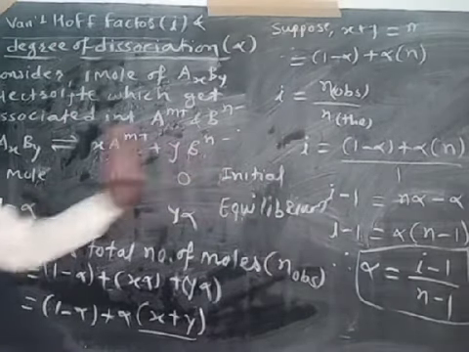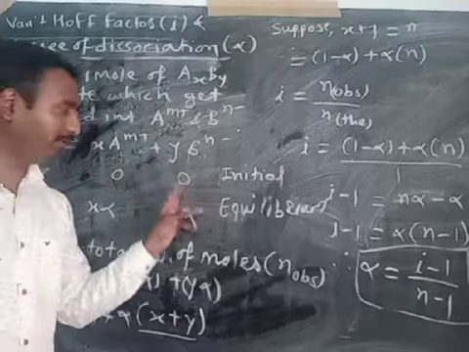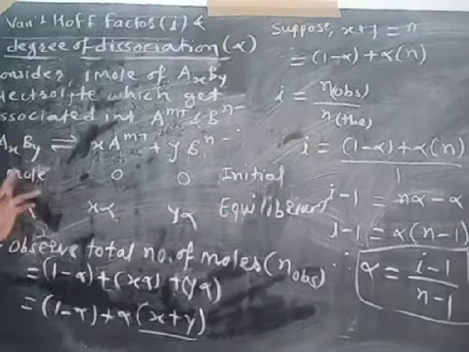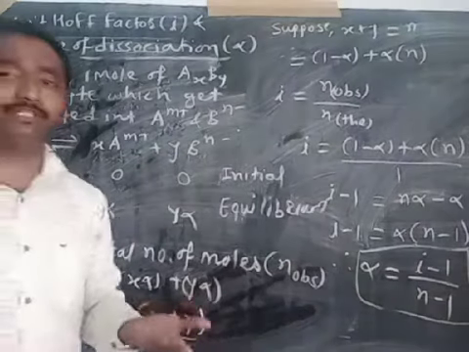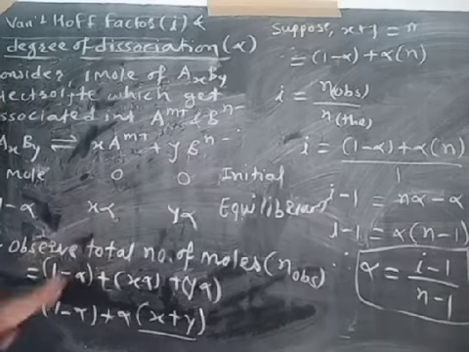Here at the initial stage, suppose we take 1 mole of the electrolyte, the dissociated part will be 0 mole, because initially this electrolyte does not dissociate, and that's why at the initial stage the values will be 0.